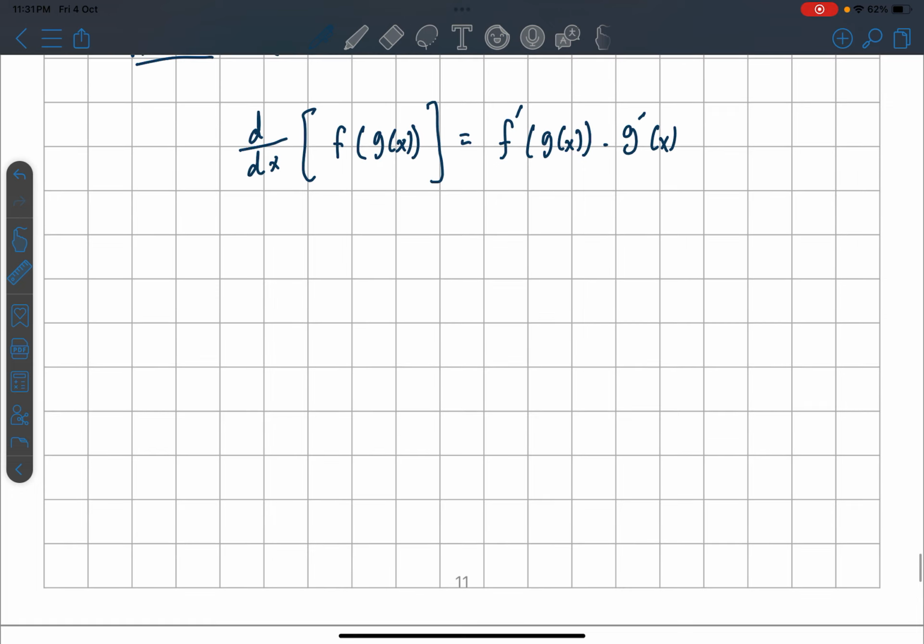or we can write it in an easier way. Let's say we have y equal f(g(x)) equal f(u).